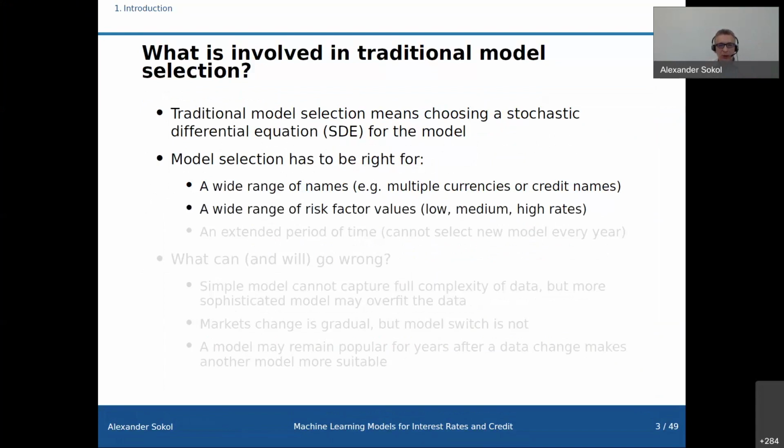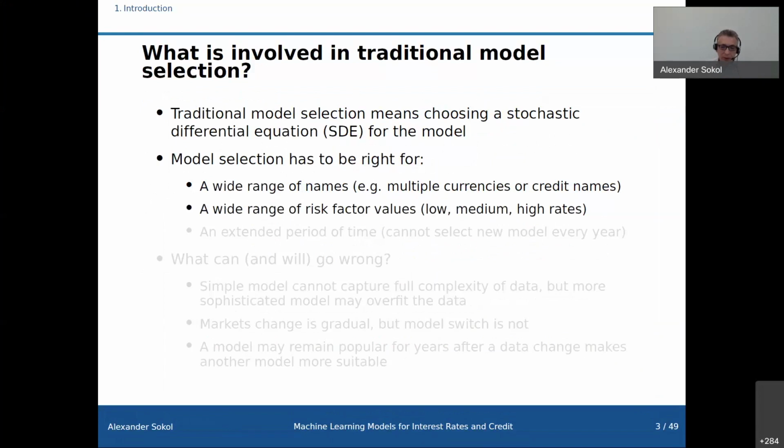And even if today, let's say the rates are low, but you're building a model for a long time horizon, your model has to work well for future risks, future evolution of interest rates where they can become very high. So in other words, the model has to cover the entire range of risk factor values from low to high, even if today the rates are low, or maybe in a different country today's rates are high.